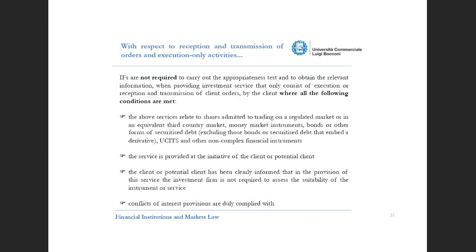Well, suitability is disapplied because it's not investment advice or portfolio management, so that's pretty straightforward.